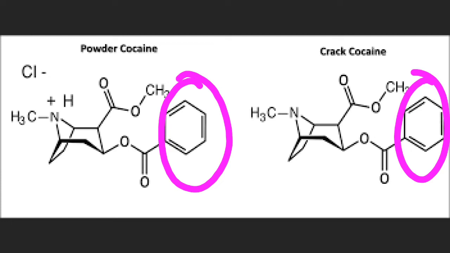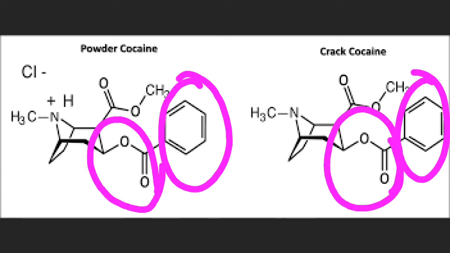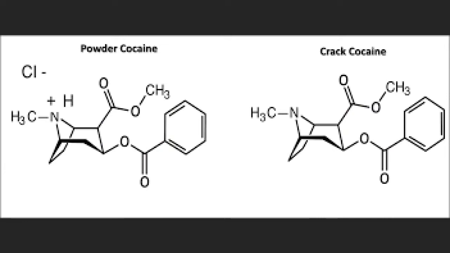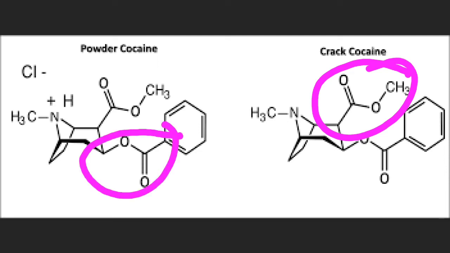Attached to that is this group, which is a carboxylic acid residue. It has the carbonyl, and then an ether, and then a carbon. So this is an ester. In fact, cocaine contains 2 esters, because that's an ester, and this is an ester.